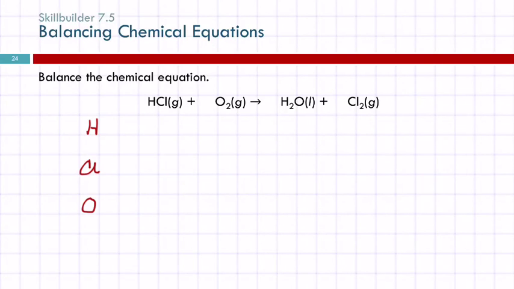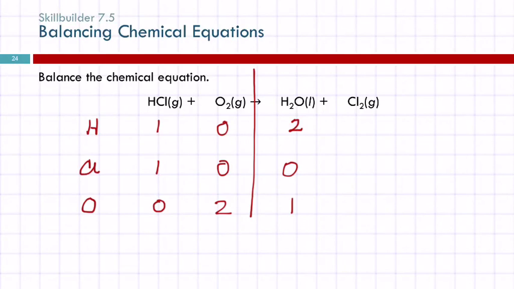Okay, so in HCl, I've got 1 hydrogen, 1 chlorine, and 0 oxygens. In the O2, I have no hydrogens, and no chlorines, and 2 oxygens. Here's my arrow. This is the dividing line. And then in water, I have 2 hydrogens, and no chlorines, and 1 oxygen.